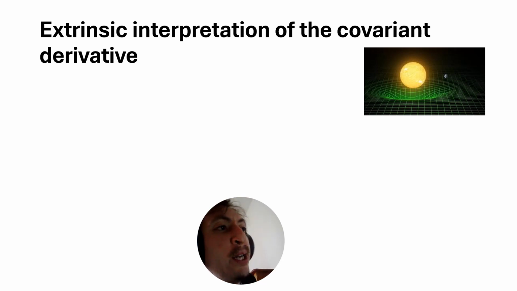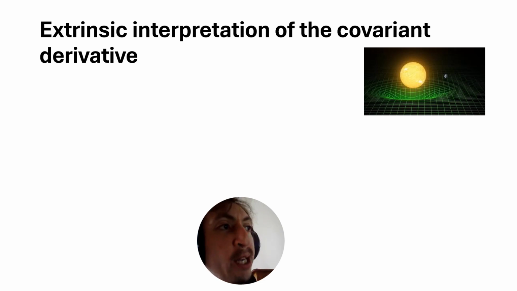However, thinking about the covariant derivative extrinsically, in a way that allows us to, for example, talk about components of the vector that is normal to the tangent plane, so is in the other dimension to the dimensions of our manifold, is useful visually, because we can imagine viewing how the direction of the ladder is changing from our perspective if we're looking at the ladder moving across the surface of the Earth, but from deep space.